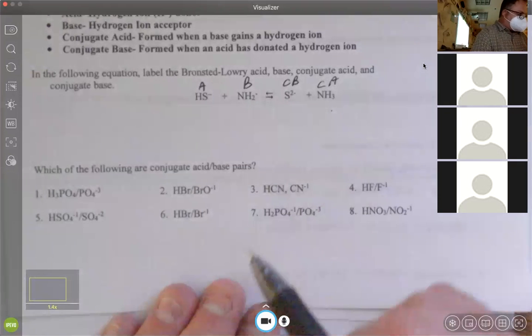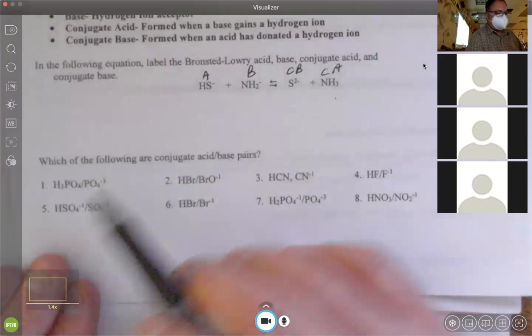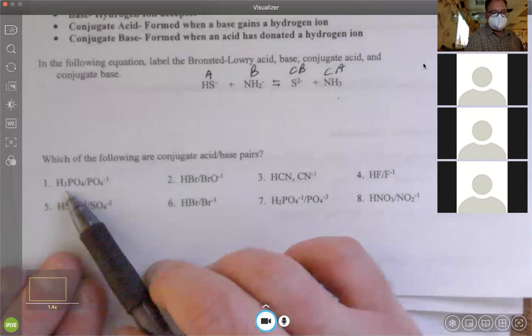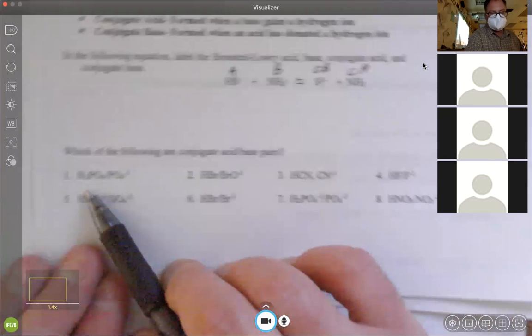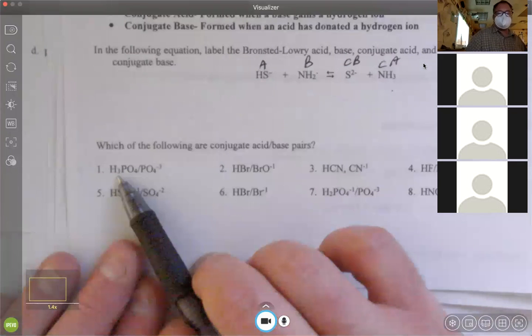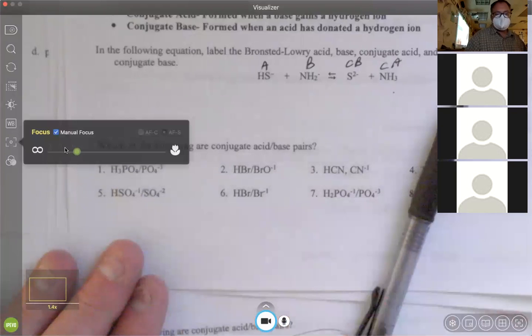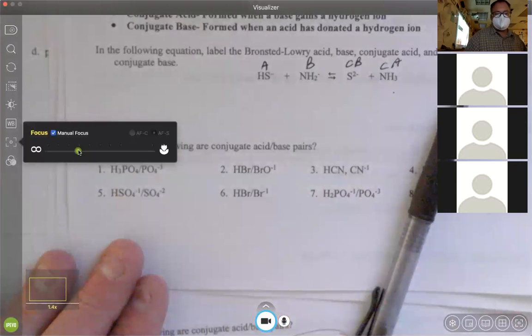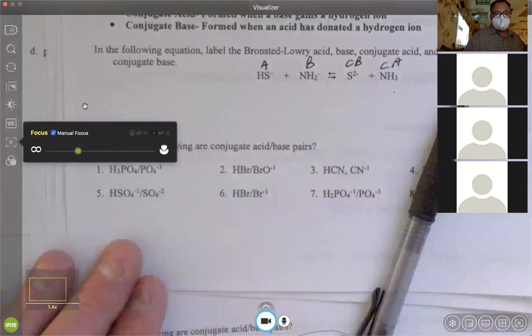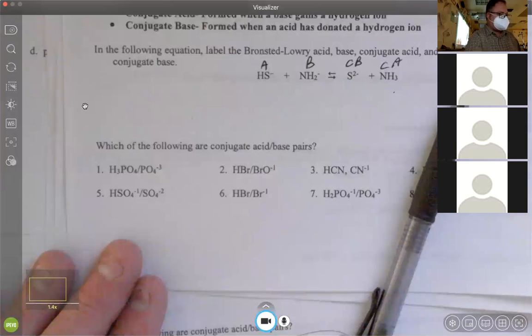So let's take a look. This was very hard for CP Chem, but they're pretty quiet, so they didn't ask questions. I don't even know if they got it at the end or not. But H3PO4 to PO4 negative 3. Did it lose one hydrogen and change its charge by one negative?